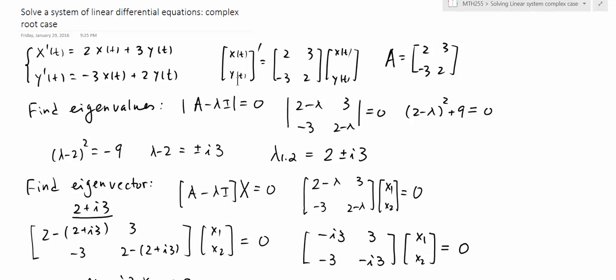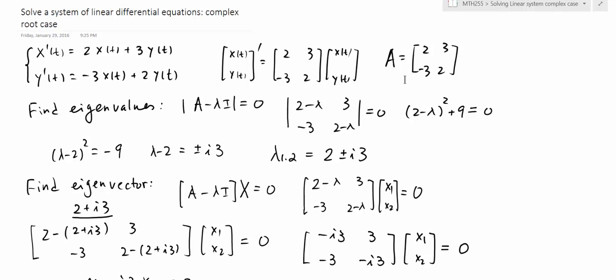In terms of matrix form, we have the derivative of the vector (x(t), y(t)) equal to this matrix times the vector (x(t), y(t)). So we get the coefficient matrix out, which is capital A, with 2, 3 in the first row and -3, 2 in the second row.